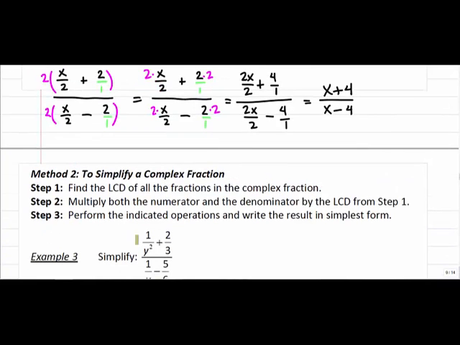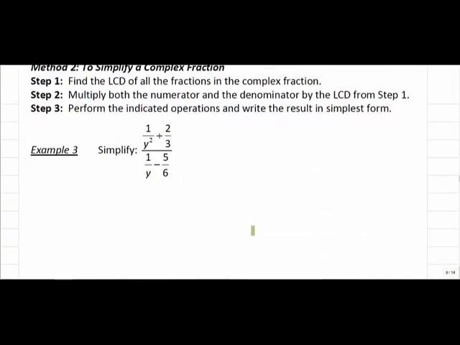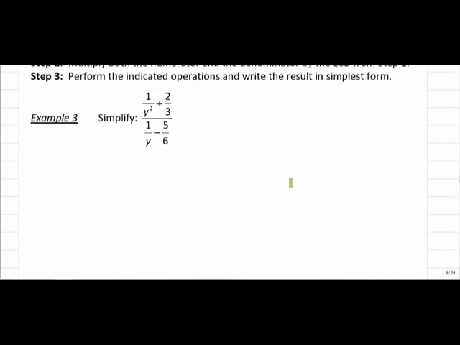So that's what this next one says. Find the LCD of all the fractions, and then multiply both the numerator and denominator by the LCD. So here, the LCD is a little trickier, but if I think about my denominators, let's think.